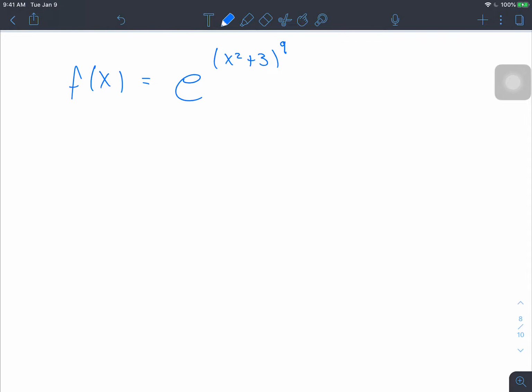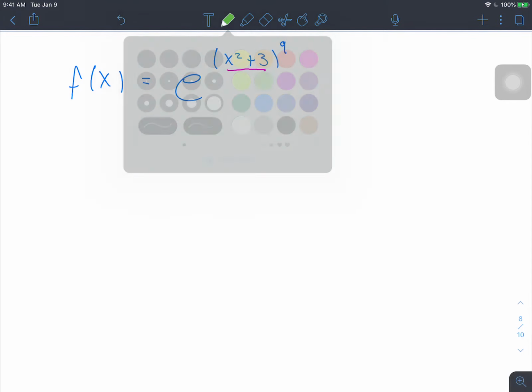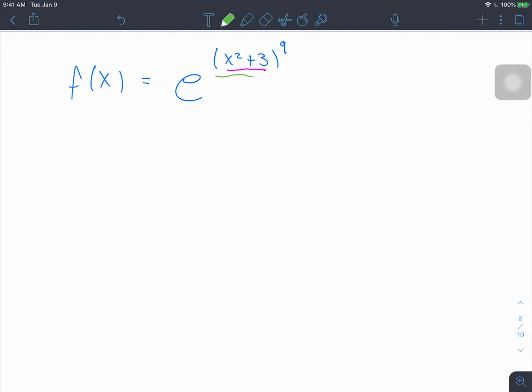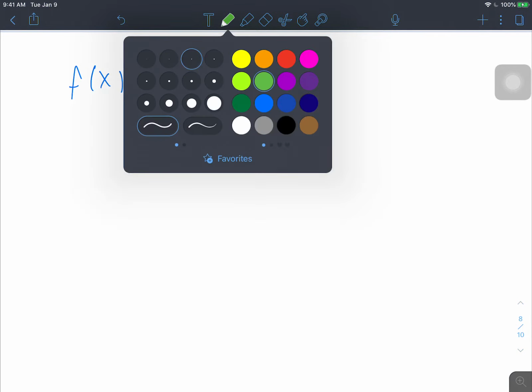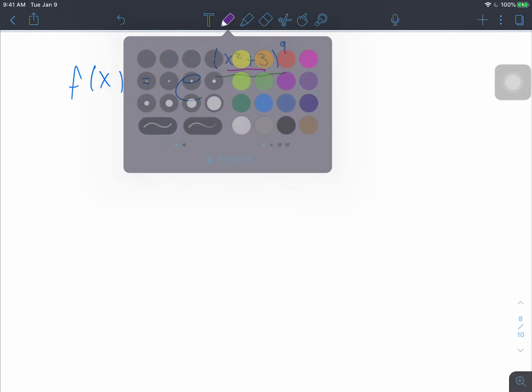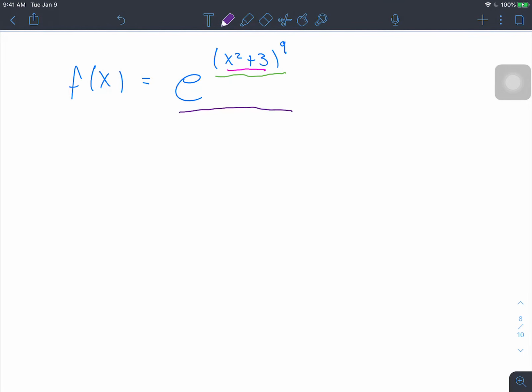The bottom layer is x squared plus 3. Then I'm plugging that function in to the function z to the power 9. And then I am plugging that function into the function e to the y.